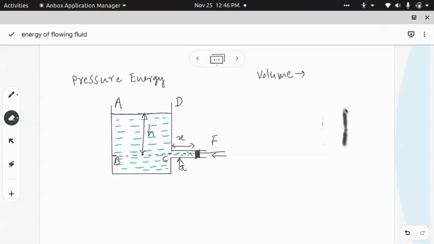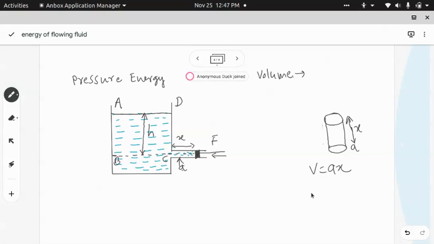You had discussed these things. If you have a smaller cylinder, any other cylinder, having cross sectional area A, and its height is x, then what will be the volume of this particular cylinder? V equal to A into x, right? We have to multiply the cross sectional area with the height, so we get the volume of a cylinder. In the similar manner, here there is one cylinder, this is a cylindrical opening.